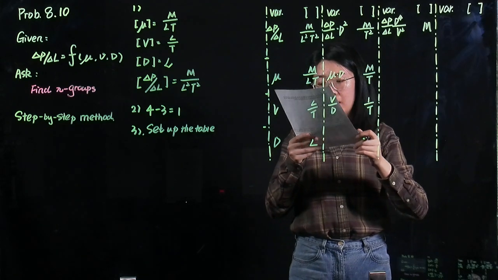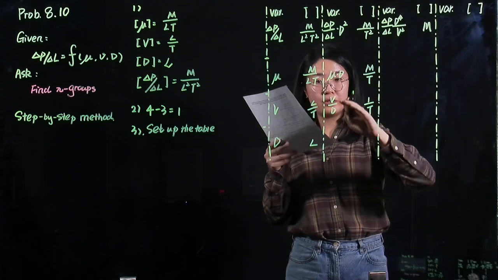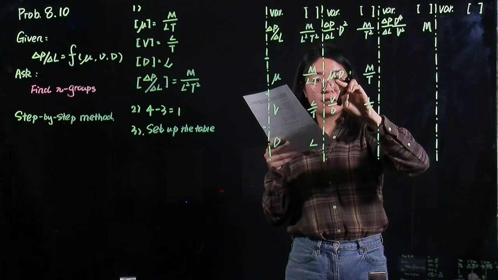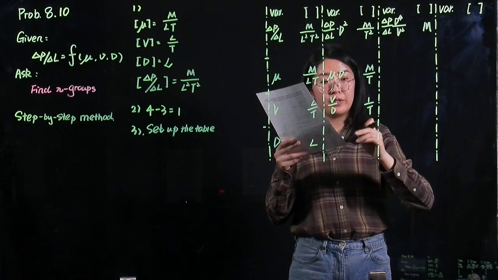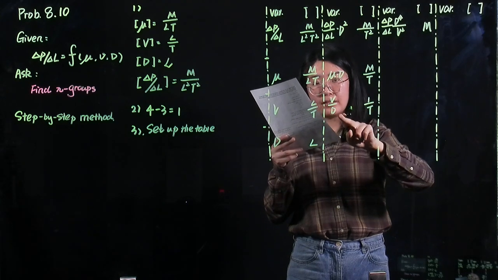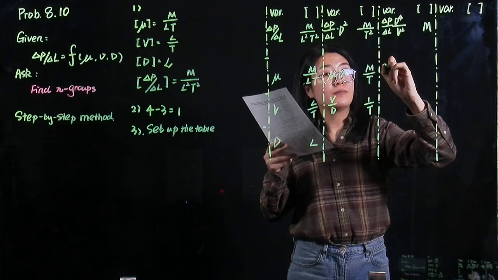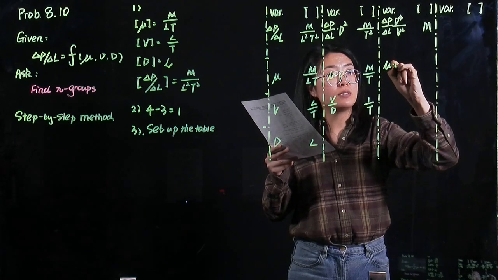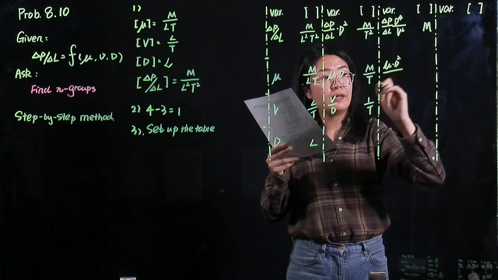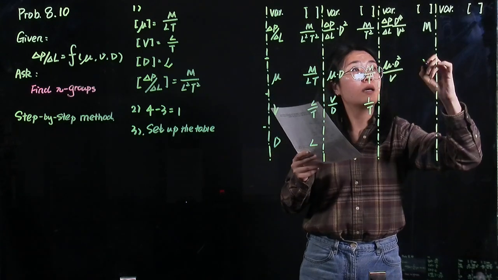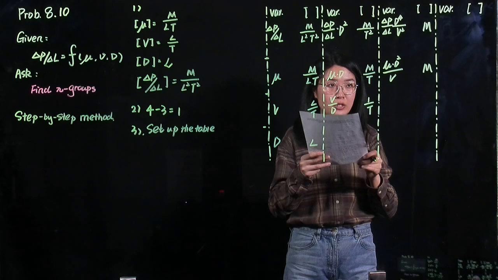And then for this case, we use V over D times this item. Sorry, we use this one to divide this one, right? So after that, we will get mu times D squared divided by the velocity. And its dimension is M.